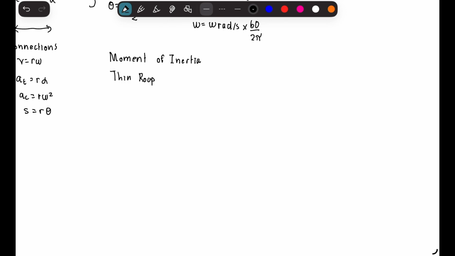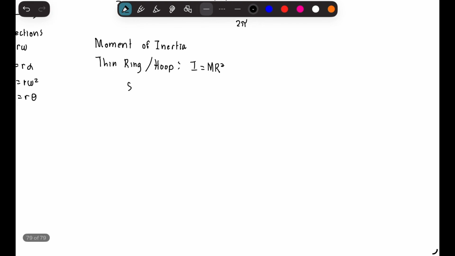For a thin ring or hoop, I is mr squared. For a solid disk, I is 1/2 mr squared.